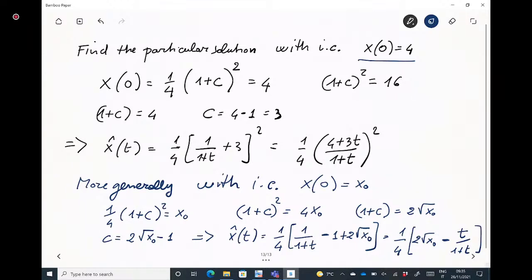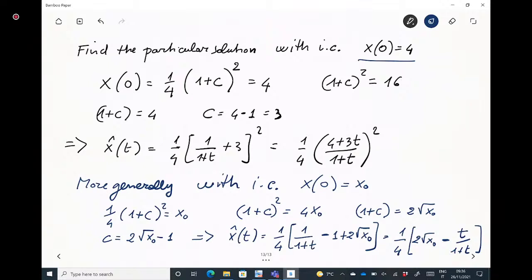Okay, because if you take the same denominator between this one and this one, it becomes minus 1 minus t. Here we have plus 1, so the only surviving quantity in the denominator is minus t divided by 1 plus t plus 2 square root of x0.